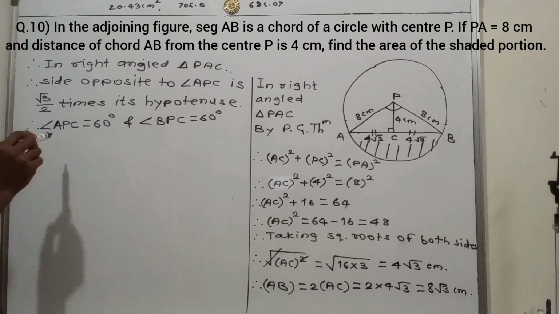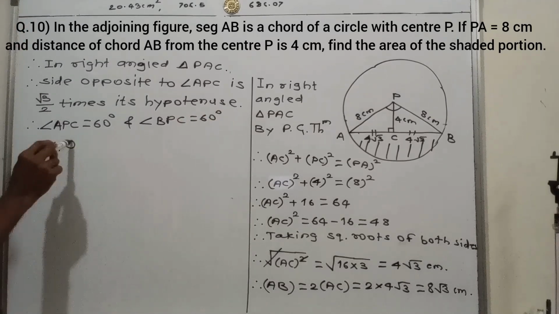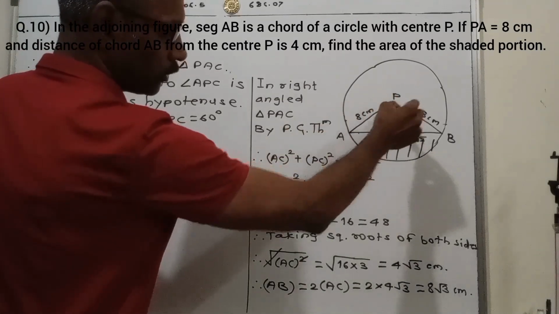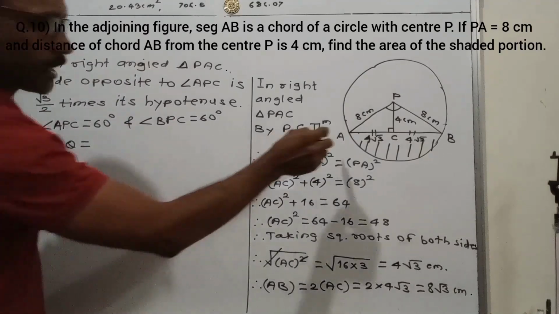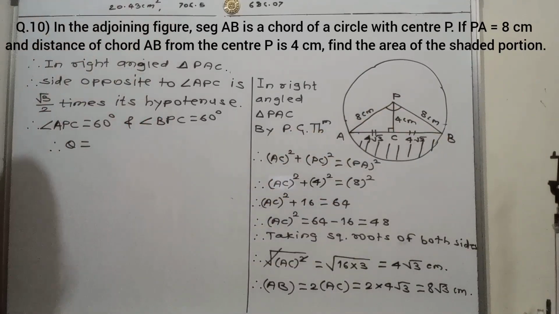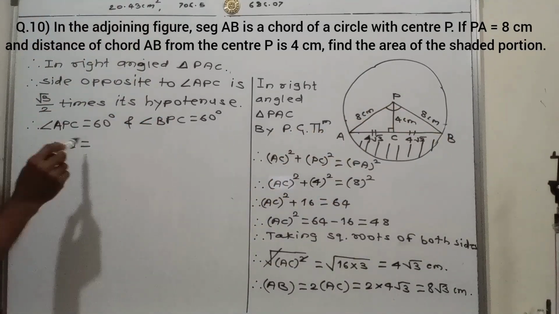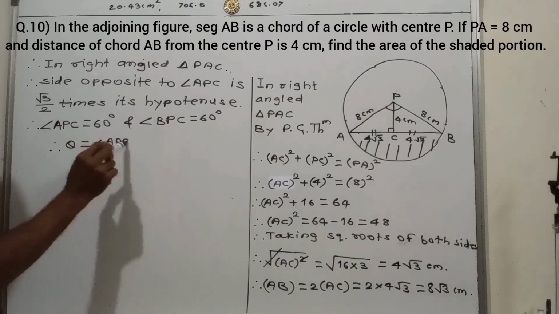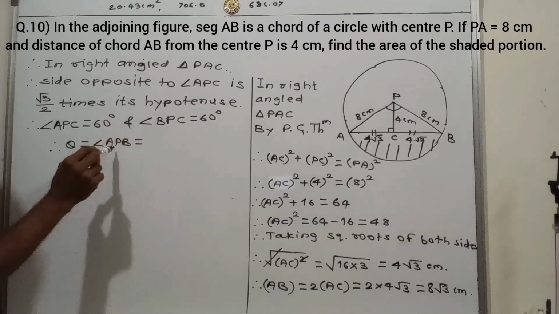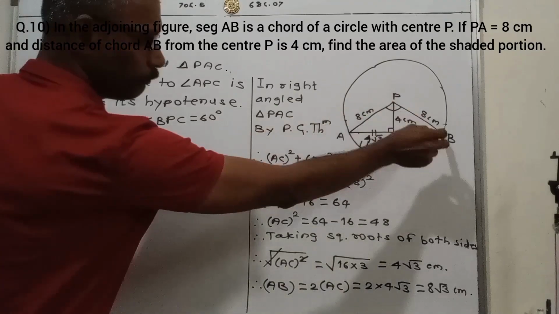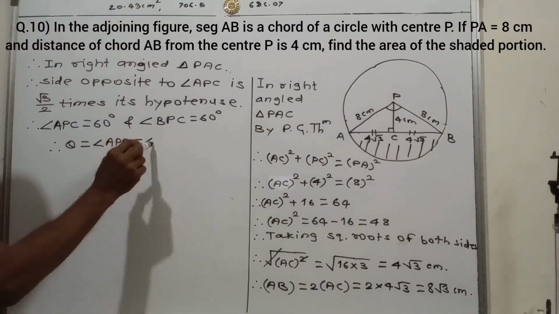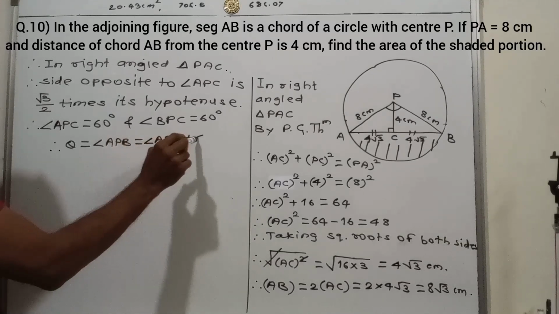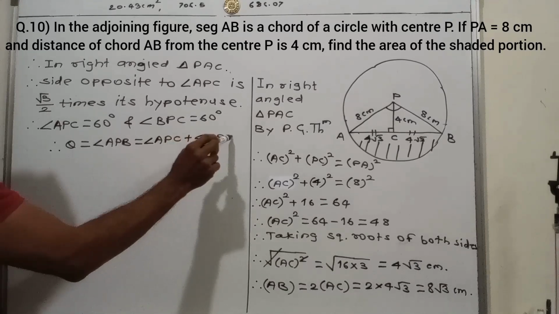Did you get it? Therefore theta, this is total, theta means angle APB. Means we write here angle APB. This APB is made from angle APC plus angle BPC.